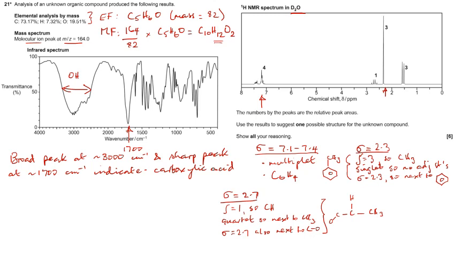Let's read our last peak. That's at shift 1.6. Let's do it over here. So shift equals 1.6. And as usual, do the integral first. So the integral is 3. Right, so we're going to guess that those are hydrogens on a CH3 group.